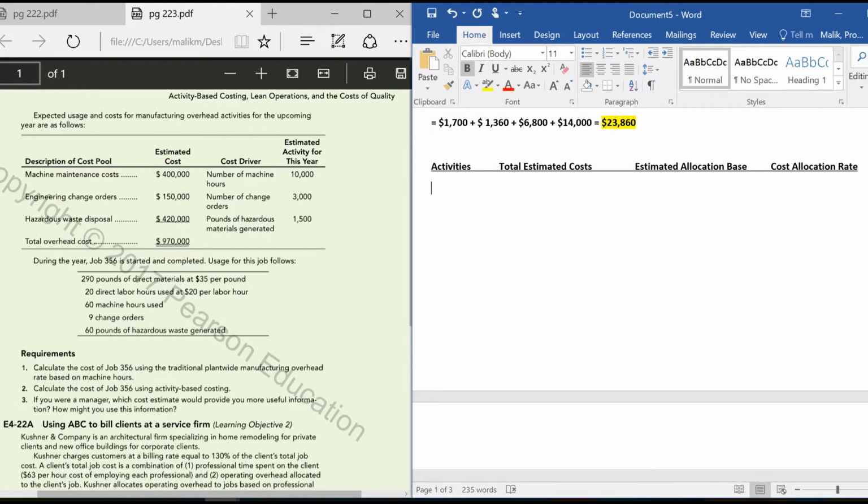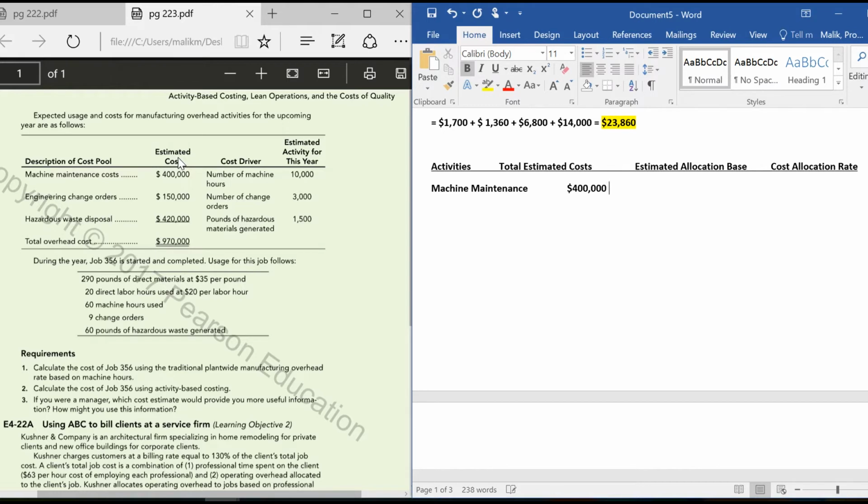Our first activity is machine maintenance. The total estimated cost is given here from this first table. It's actually $400,000.